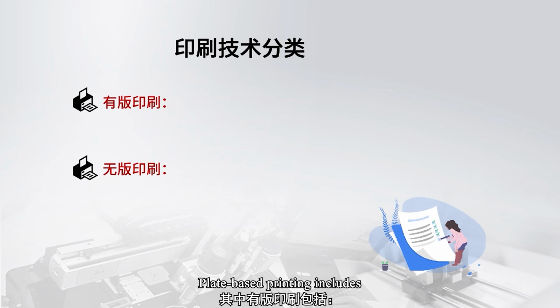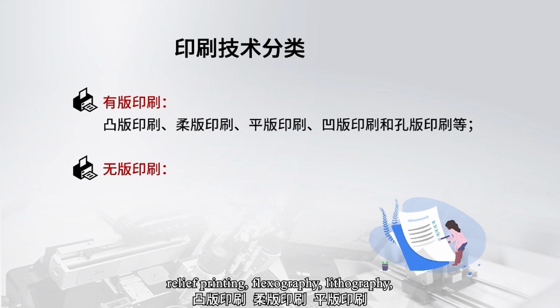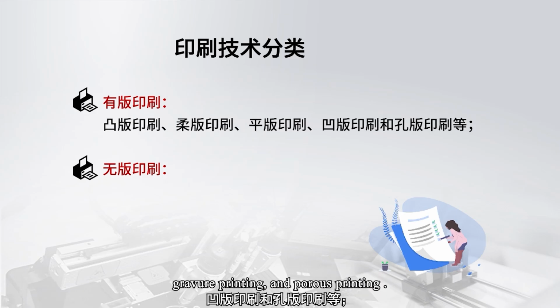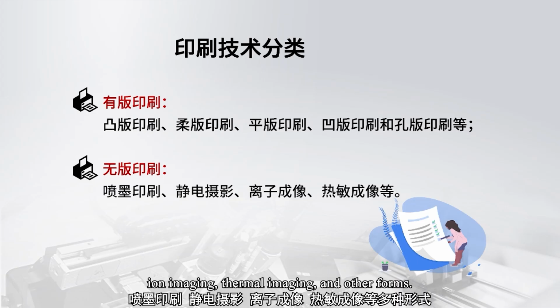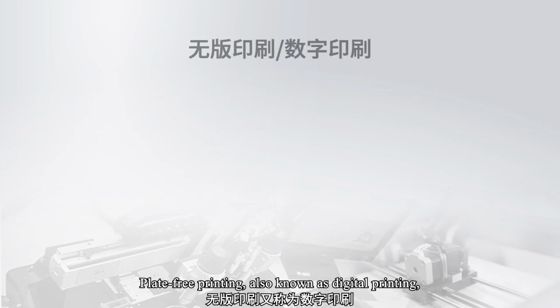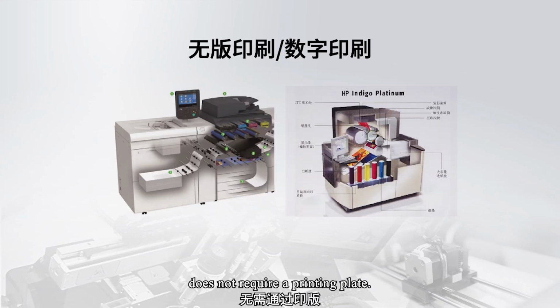Plate-based printing includes relief printing, flexography, lithography, gravure printing, and porous printing. Plate-free printing includes inkjet printing, electrophotography, ion imaging, thermal imaging, and other forms. Plate-free printing, also known as digital printing, does not require a printing plate.